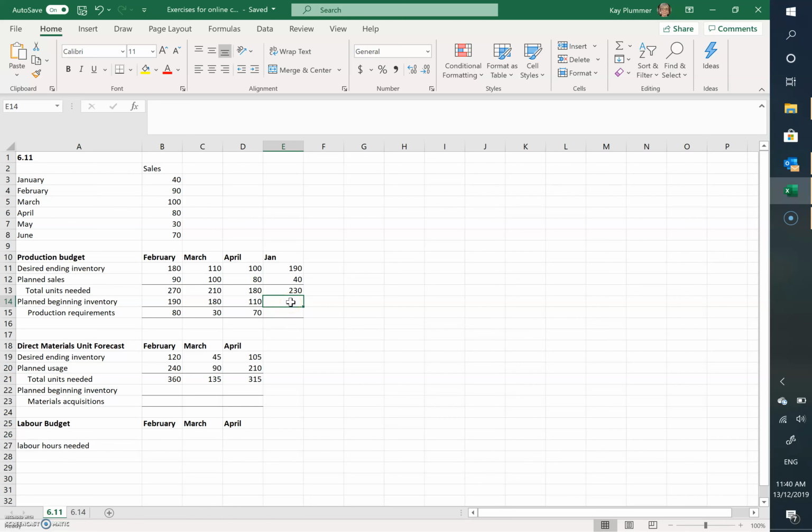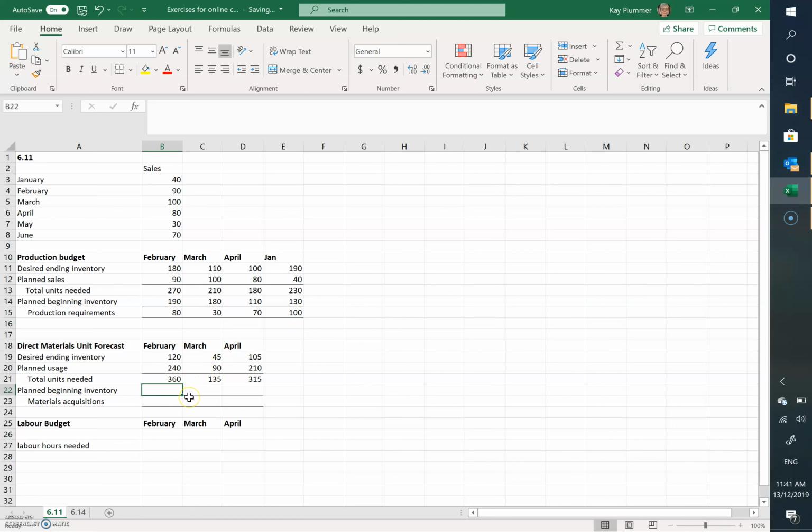And the ending inventory is the 2 months' sales. So that's going to be January and February sales. So our production requirements are going to be the total units needed minus the planned beginning inventory. So we're going to need to make 100.